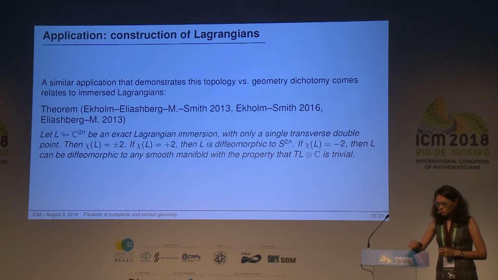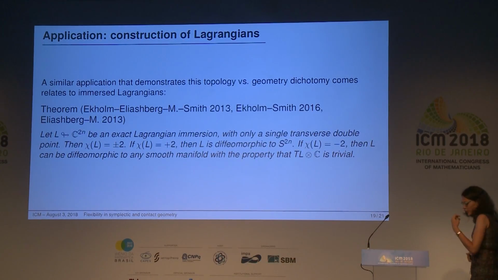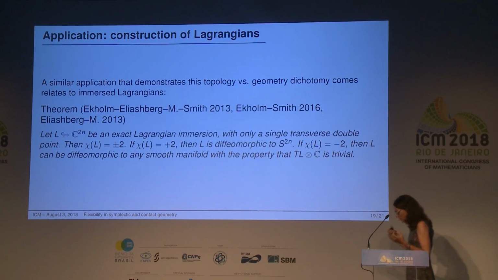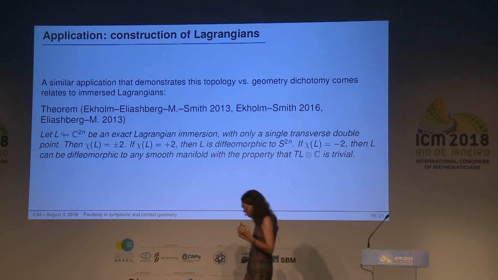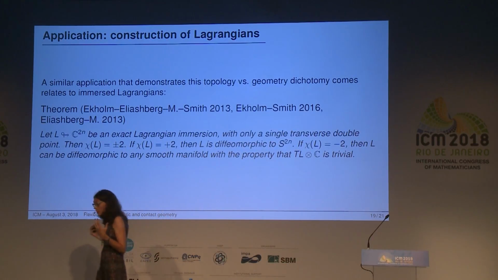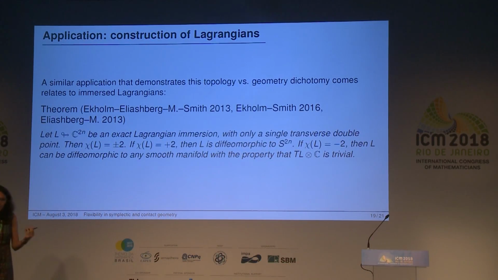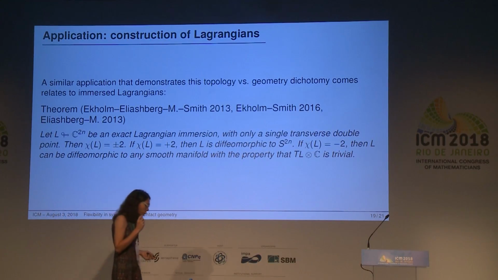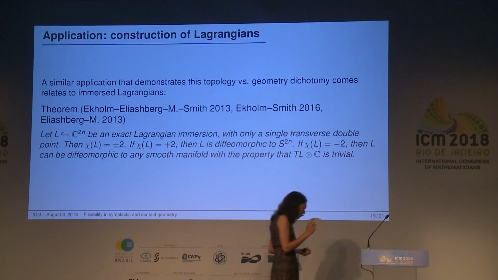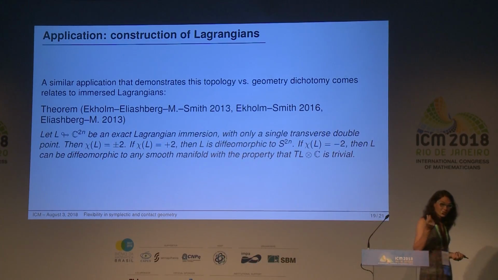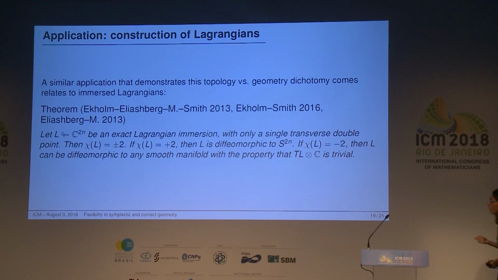And I like this because I think it exemplifies this distinction between the geometry and the topology, in that just such a slight change between whether this self-intersection point is positive or negative completely changes the character of the problem.